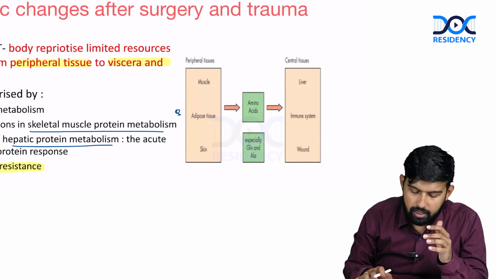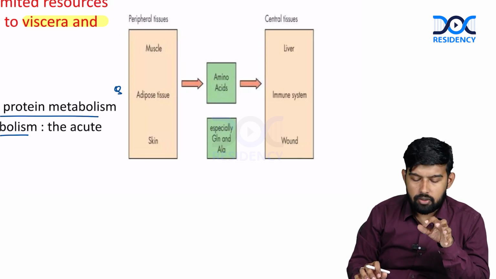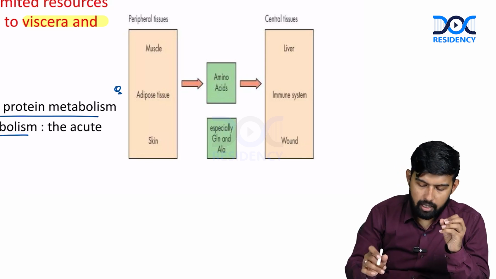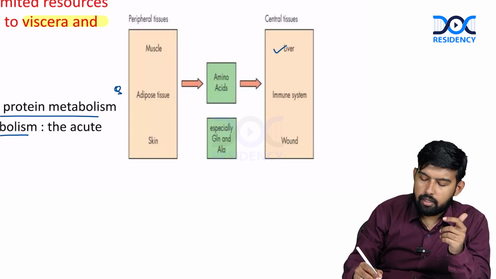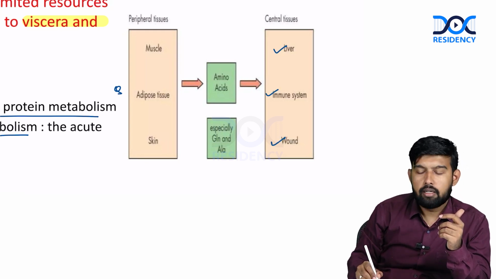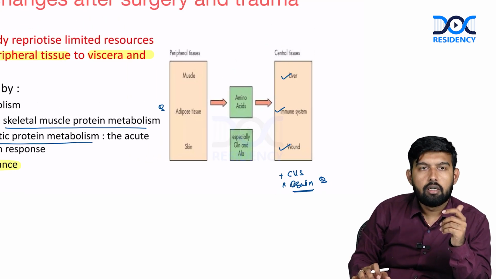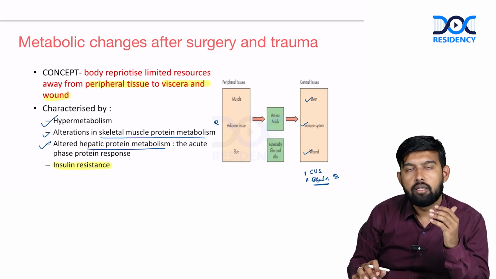The peripheral tissues like muscle, adipose tissue and skin supply resources, which are diverted to the vital structures or central tissues like liver, immune system, wound healing, heart and brain. So, these are the metabolic changes that occur after injury or trauma.